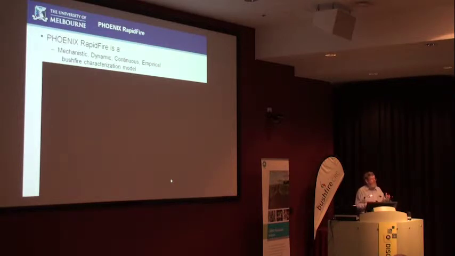And I'd have to admit very freely that the mechanisms and some of those parameterisations are up for discussion and debate. So we've tried to put a model together the best way we understand how fire behaviour works, even though we don't have a lot of experimental or primary data to support that. And that's where some of the work we've heard earlier this morning and in previous days is going to be fundamental to improving a model like PHOENIX.